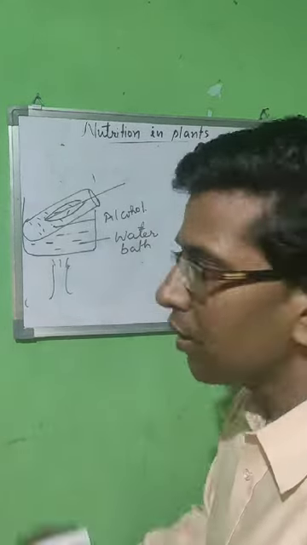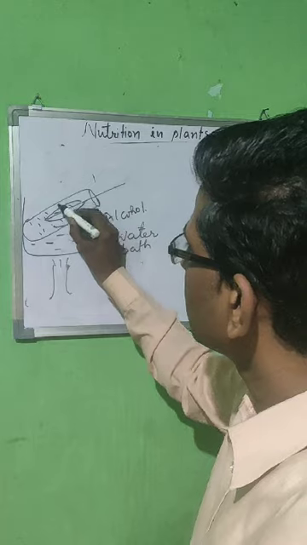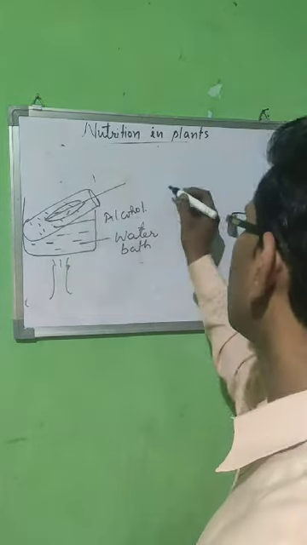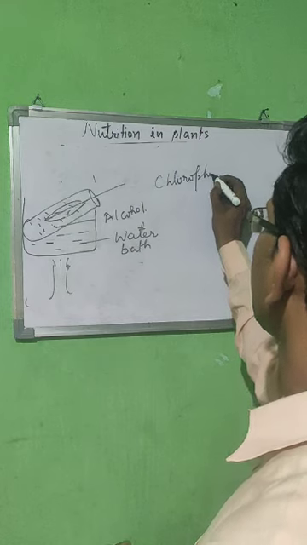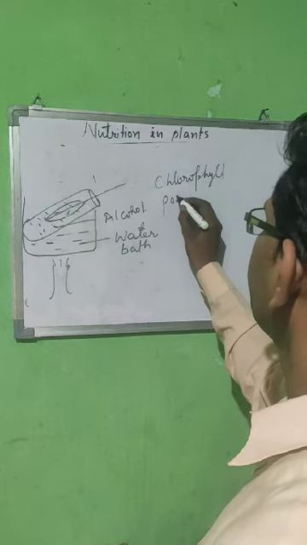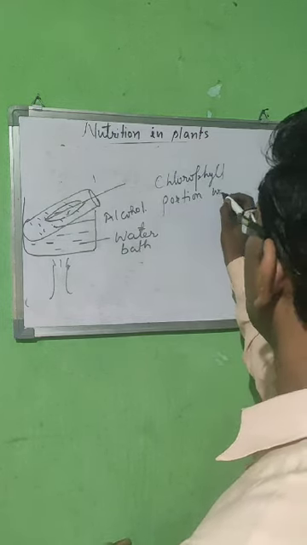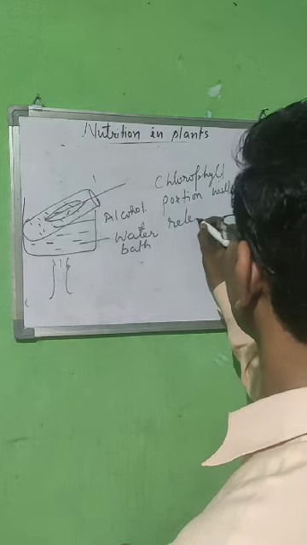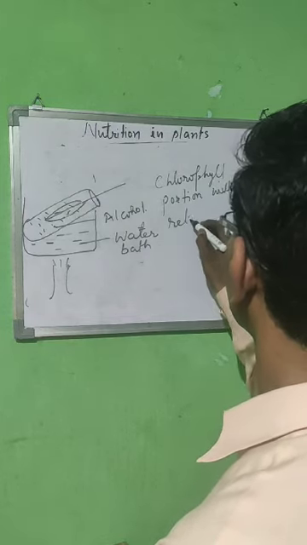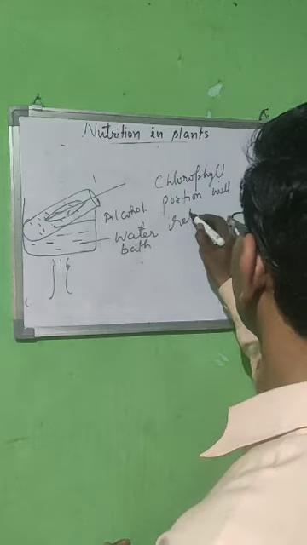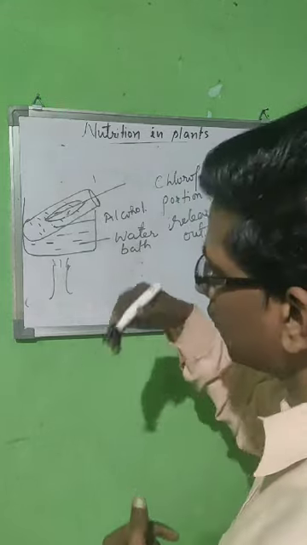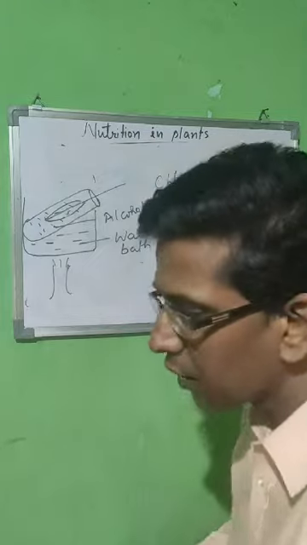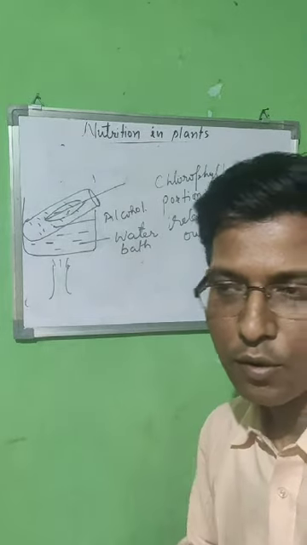When we do it this way, the chlorophyll portion of this leaf will be released out. So the answer is: the chlorophyll portion will be released out when we heat.